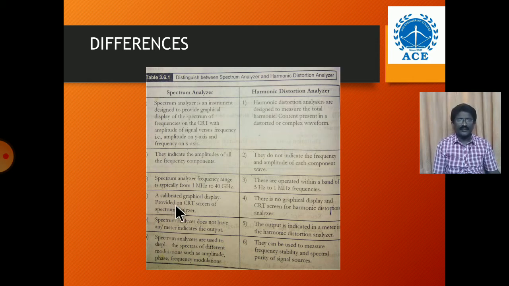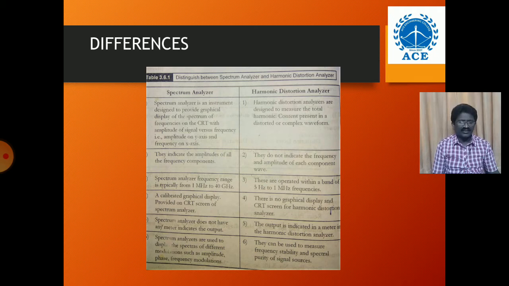On that screen we can display our calibrated output in the form of a graphical representation. Whereas in a harmonic distortion analyzer there is no graphical display and no CRT.